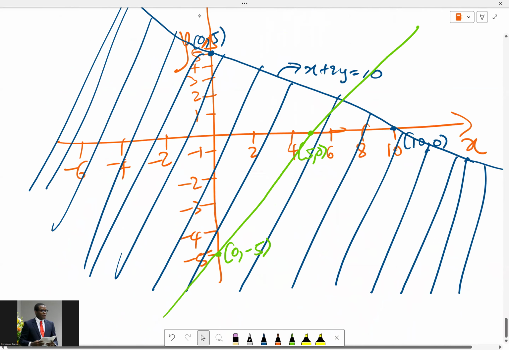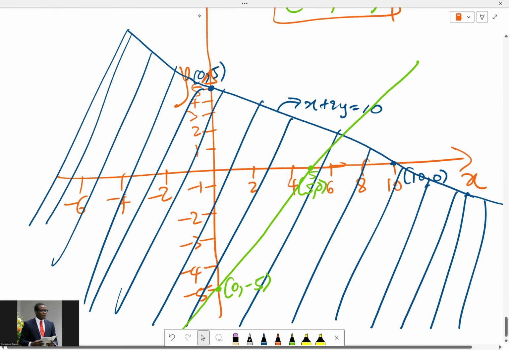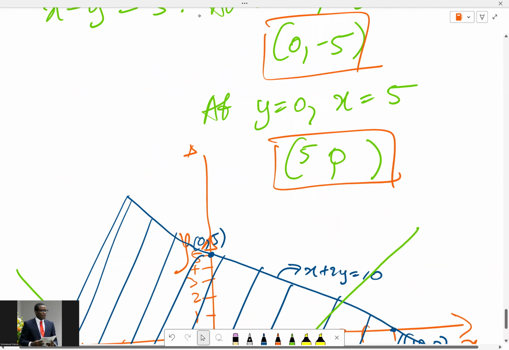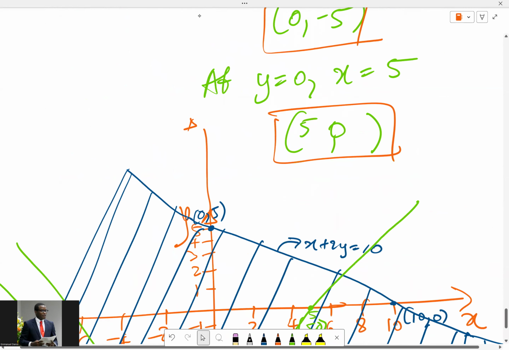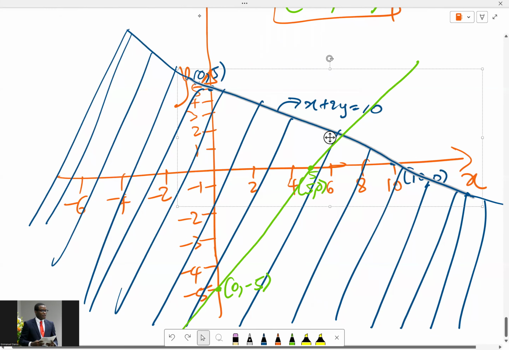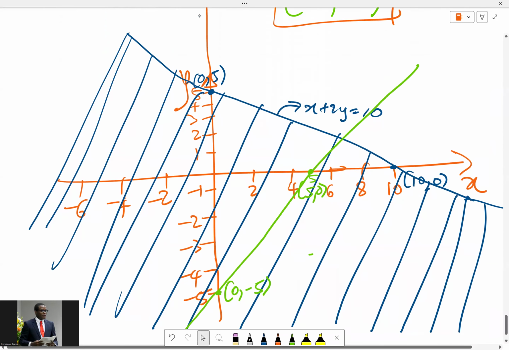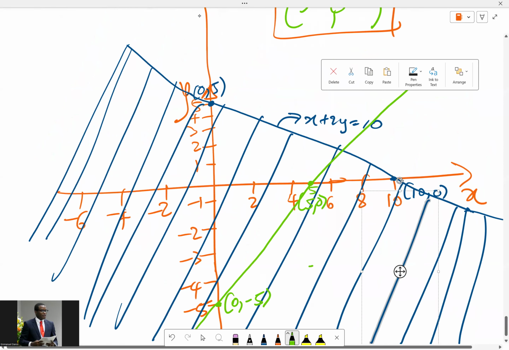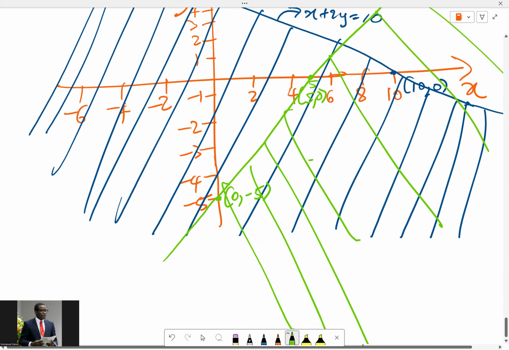This is 5 right here. Greater than 5 means you're going to shade down because this is 5. If you shade down, it covers 6. So you see, this is 5 right here, so you're going to shade this direction.